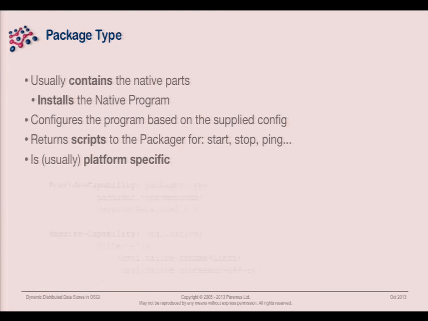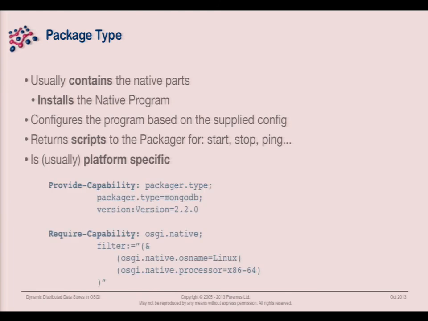So, here we've got something describing Mongo, and it's Mongo 2.2, but it's the Linux x86 64 version, which is not therefore going to work on, say, my Mac. Well, maybe it would, but it's certainly not going to work on the Windows VM I've got on my Mac. It's also not going to work on something that's only a 32-bit processor.